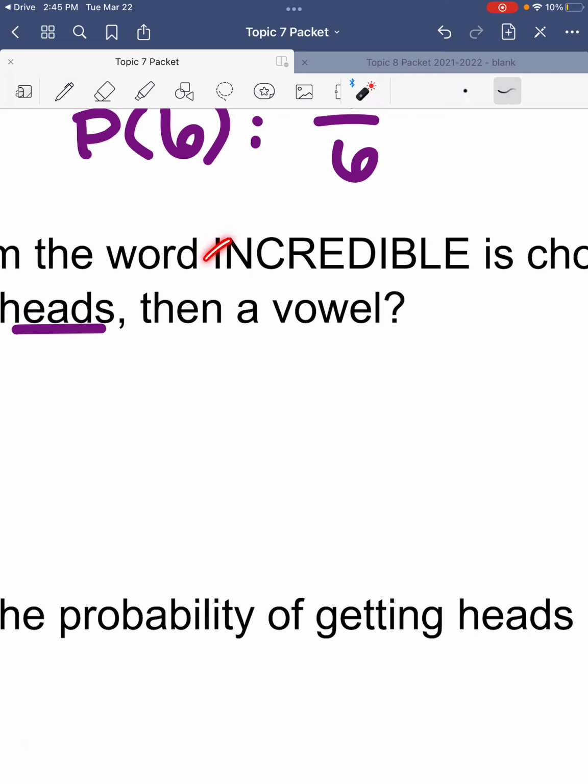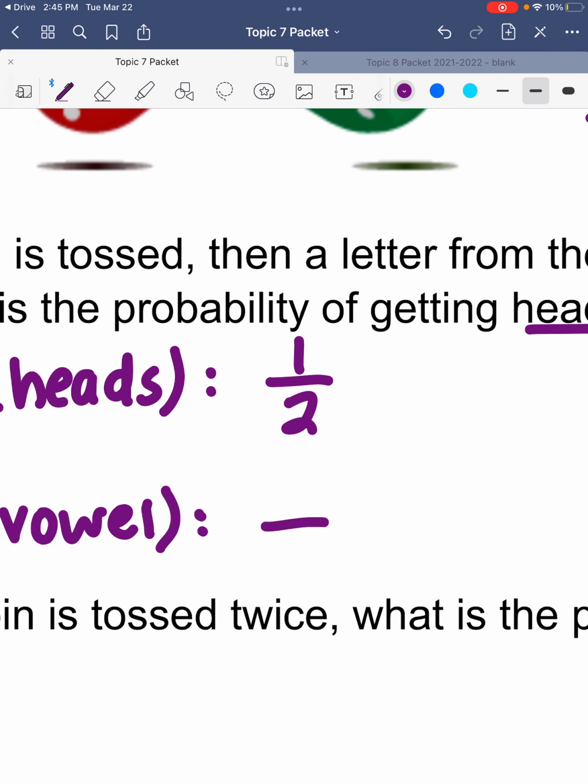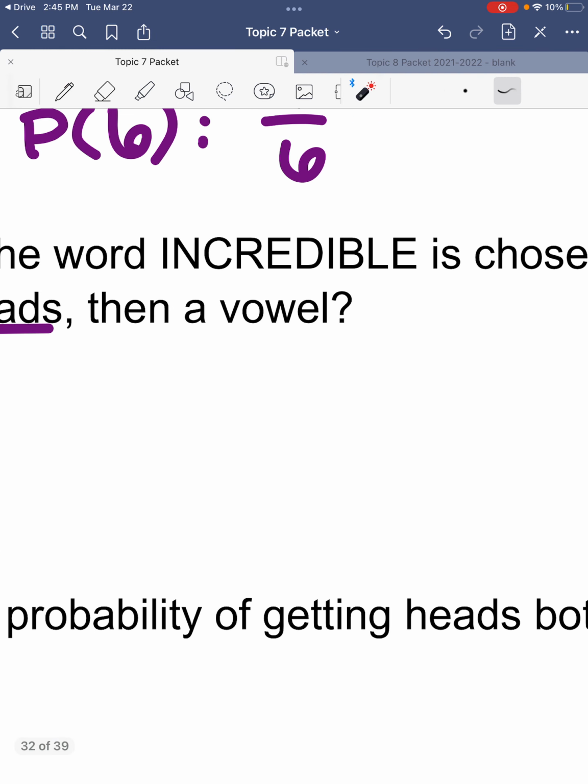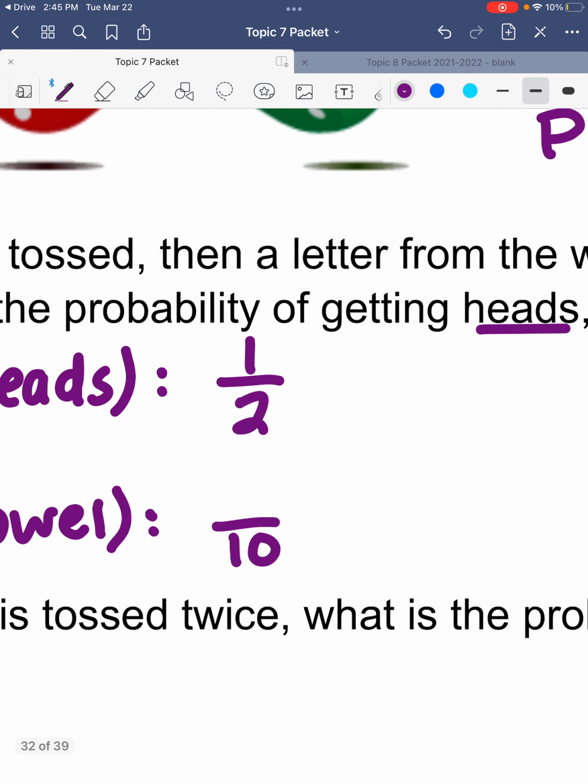Well, that's 1, 2, 3, 4, 5, 6, 7, 8, 9, 10. There are 10 letters total in that word. So that's my denominator. 10 goes on the bottom. Now my number of vowels are the favorable outcomes, so that's going to go on top. So my vowels are I, E, I, and E. So how many vowels are there? Well, there are 4 vowels that I have circled. So we have 4/10. Now that does reduce.